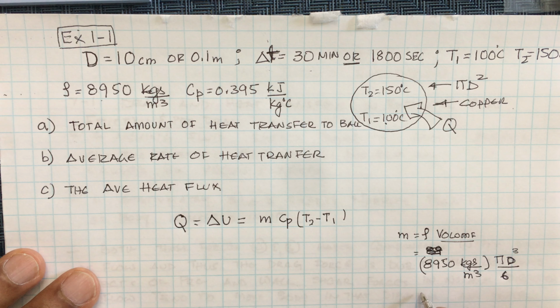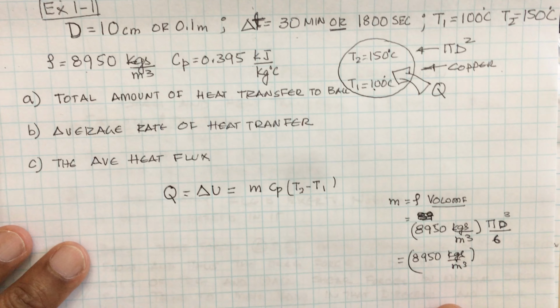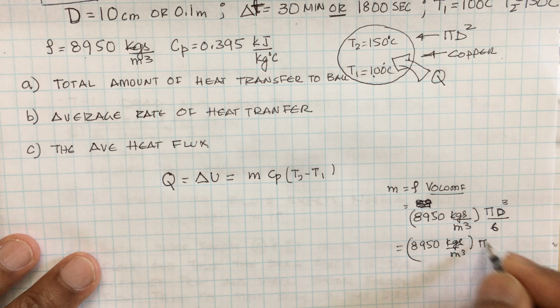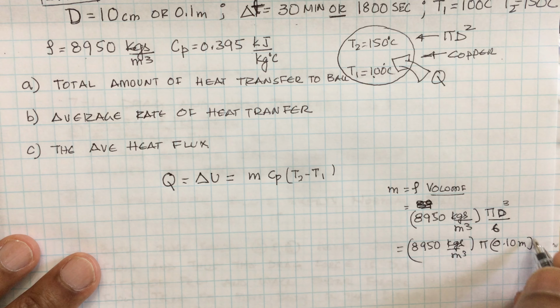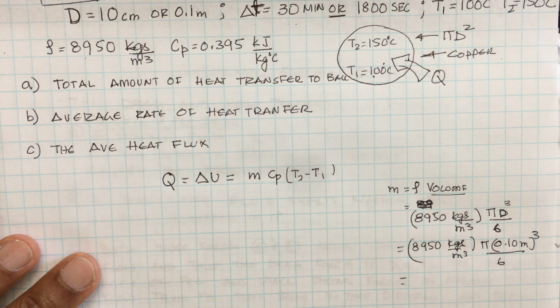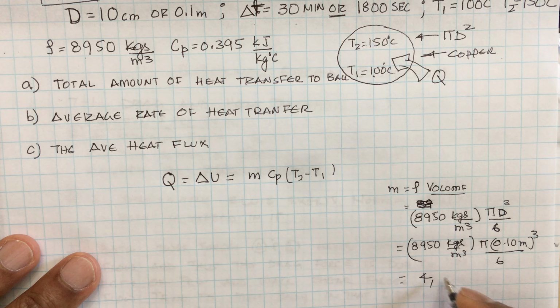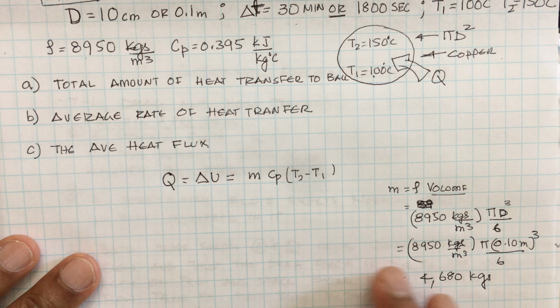We know the diameter, so let's plug that value. 8950 kgs per meter cube times pi times 0.10 meters, the whole thing cubed, divided by 6, and if I crunch it, you will come up with close to 4,680 kgs. So that is the mass.